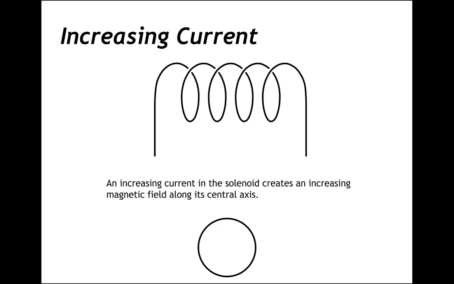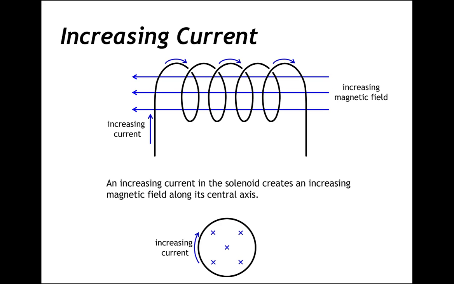The first thing to note is that an increasing current in this inductor creates an increasing magnetic field along its central axis. Notice how we have current going from the left side of this inductor to the right side.